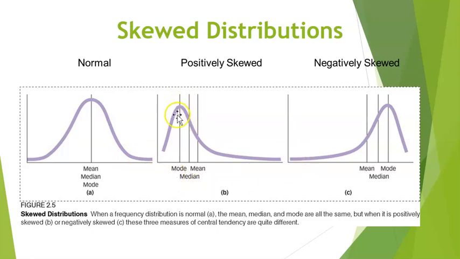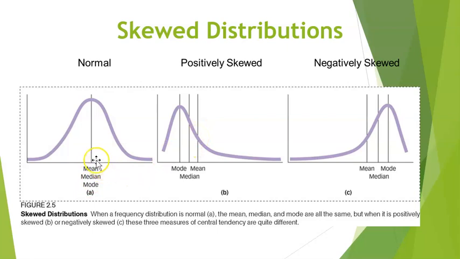So for a positively skewed distribution, we have our distribution, but then we have this kind of tail that's going extra positive. And what that means is that the average should be right here in the middle at that peak, but instead you can see the mean has been pulled more positive.